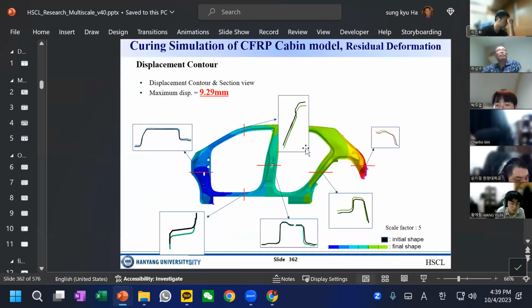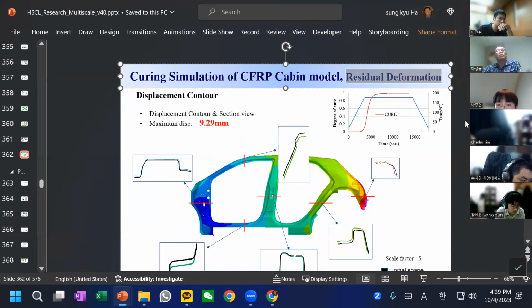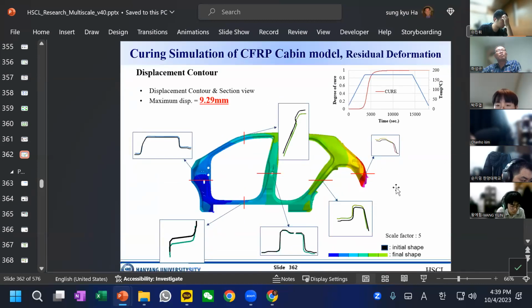And then finally, we need to understand that the final form can have a residual deformation, because all the composite procedures will go through shrinkages caused by the consolidation or curing procedures or thermal stresses inside these structures. So understanding of this is very important.